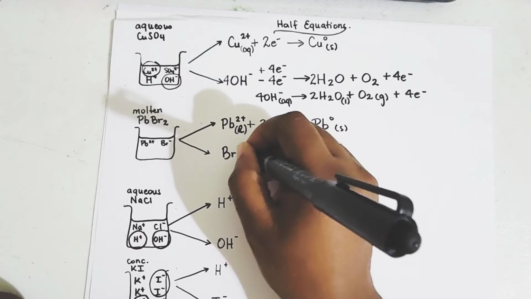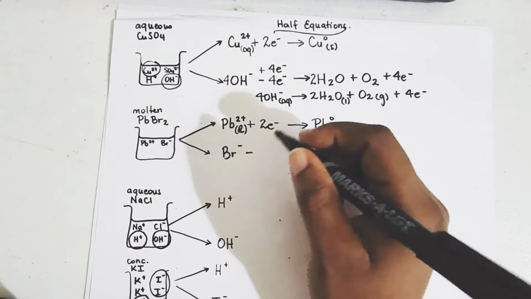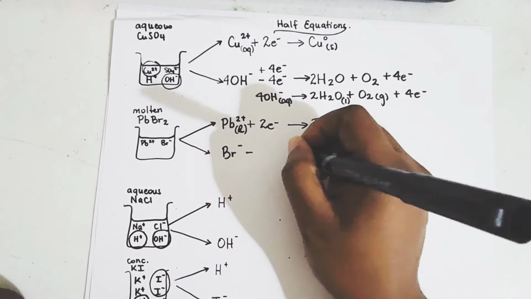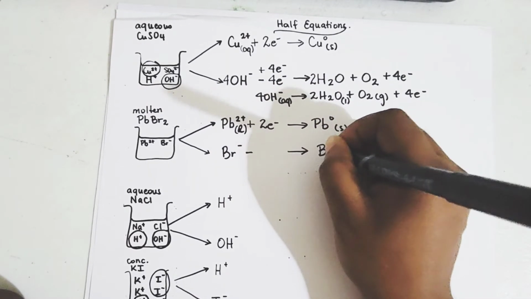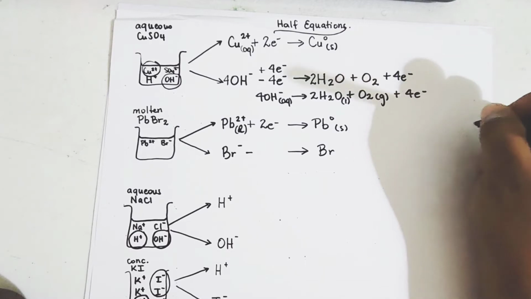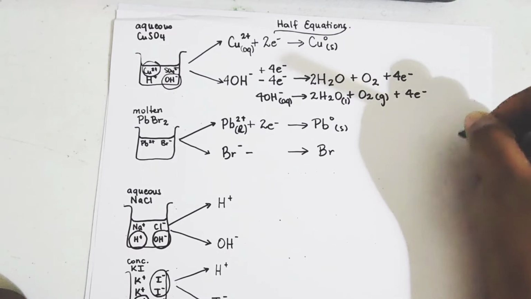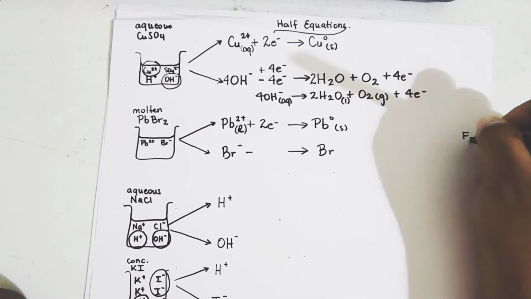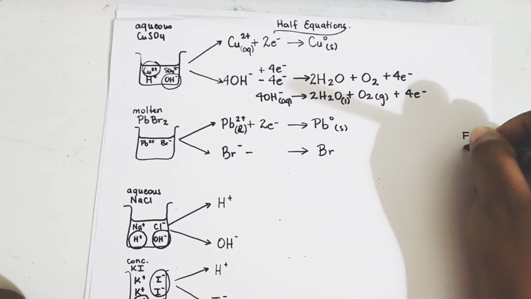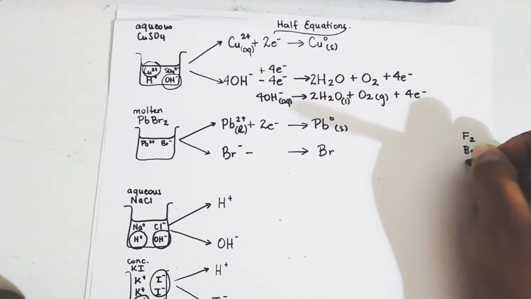With bromine, put the negative here. And the thing with bromine is that bromine is a diatomic molecule. Right? All of the halogens, when they exist in air or the atmosphere, are diatomic. So you would have fluorine, bromine, iodine, right?